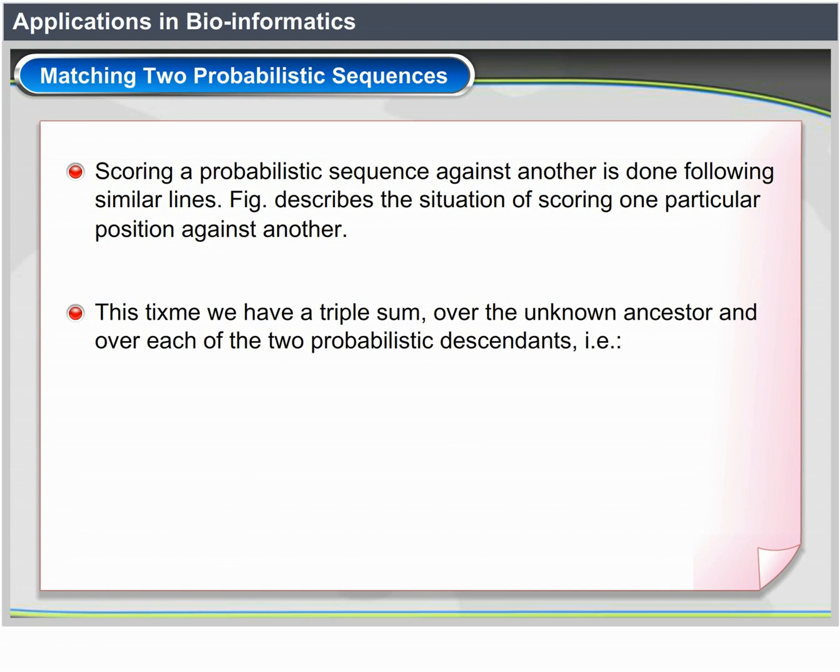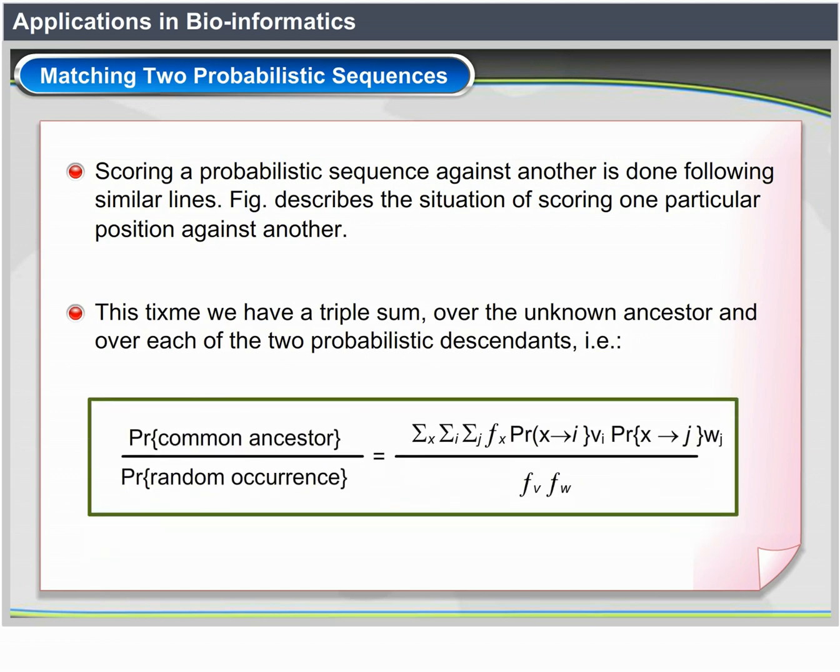That is, probability of common ancestor over probability of random occurrence equals triple summation of xij fx, probability of x implies i into vi into probability of x implies j into wj over fv into fw.